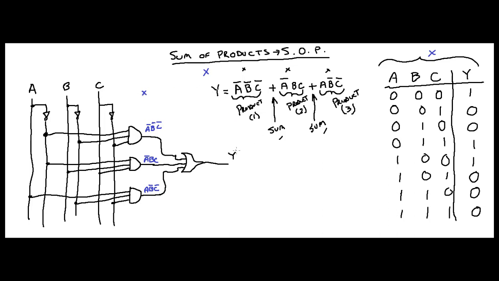And then obviously we came up with the answer, which is Y, and Y equals what's up there. Okay? So right there, you have a very good example of SOP. Okay? See you shortly.